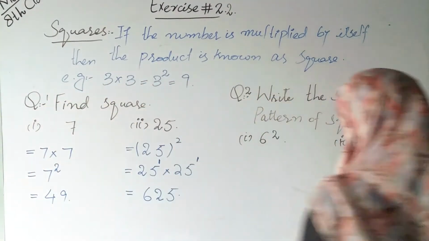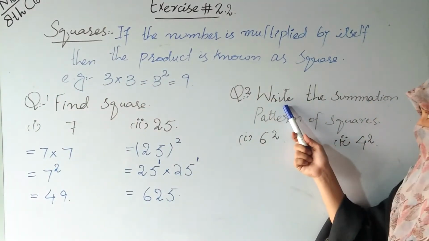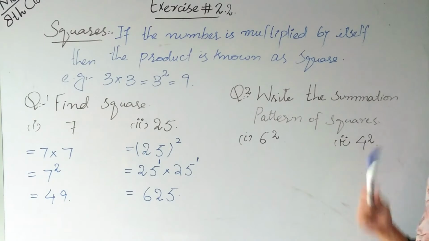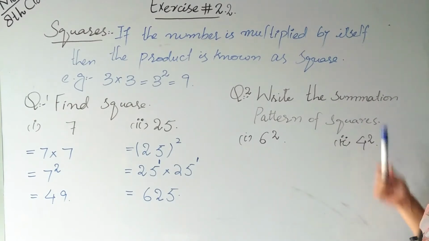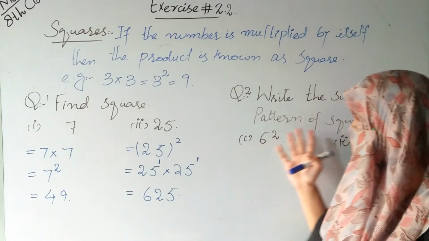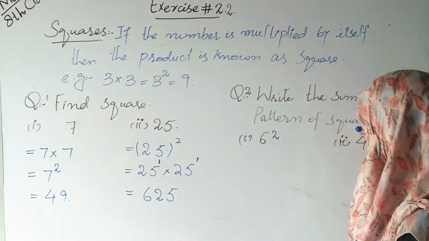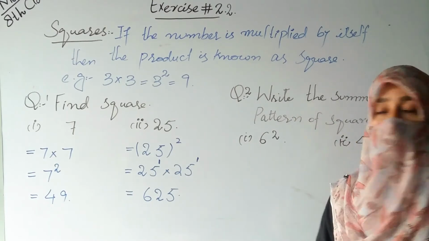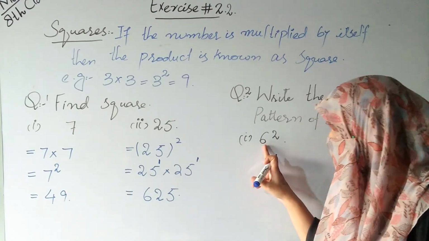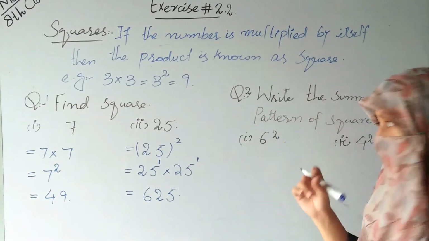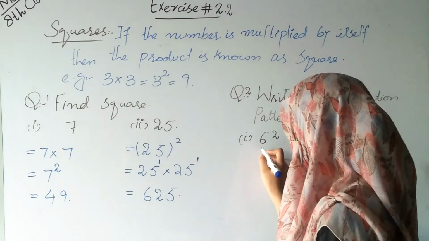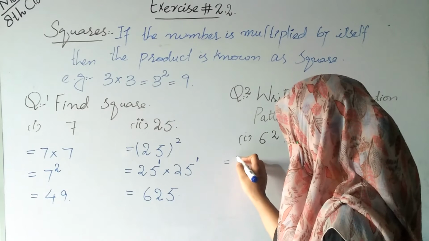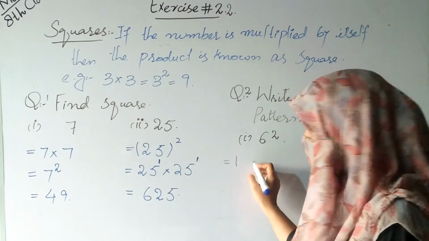Next, our question is: write the summation pattern of the square. If we have to find the summation pattern of squares, and here is the number 6, we start the numbers from 1 to 6.